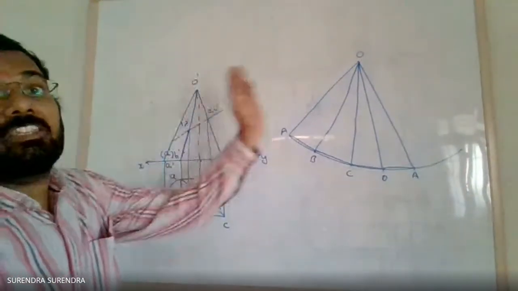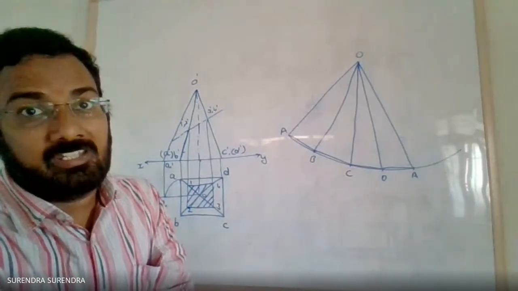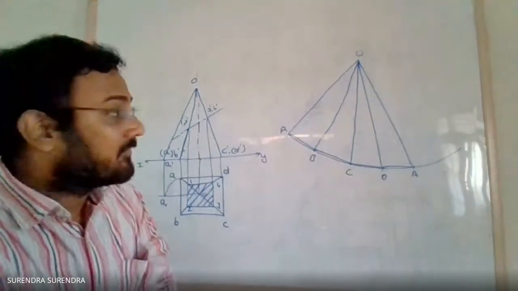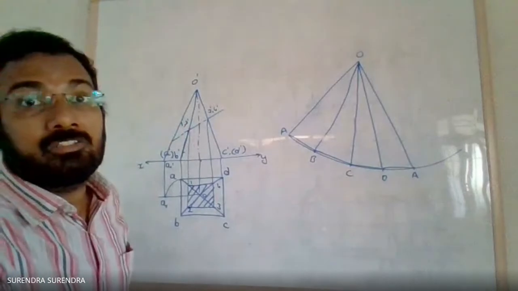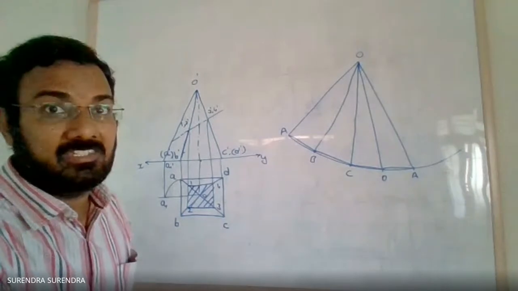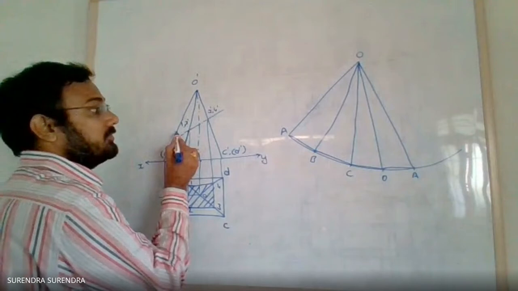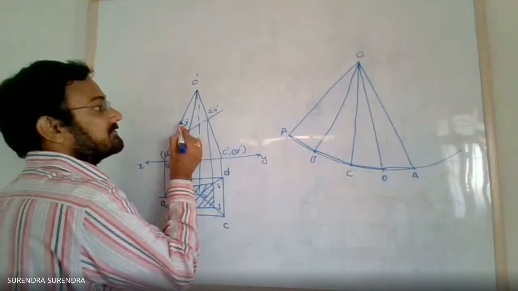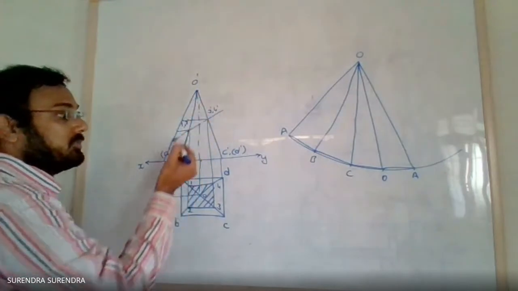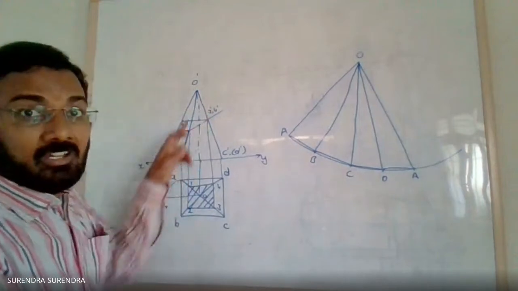Now, marking the points 1, 2, 3 and 4. Here there is a small variation compared to the previous one. Points 1, 2, 3, 4 are on the slant edges, but what we are seeing is not the true slant length. So we have to project these points onto the true slant length: project points 1 dash, 2 dash, 3 dash, 4 dash onto the true slant length line O dash A1 dash.